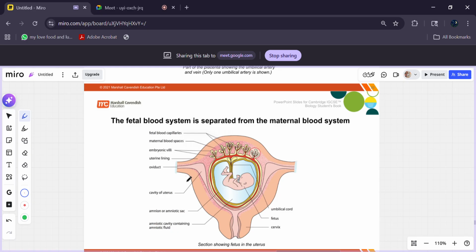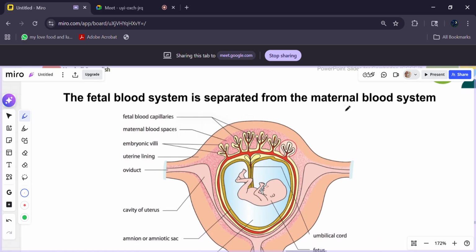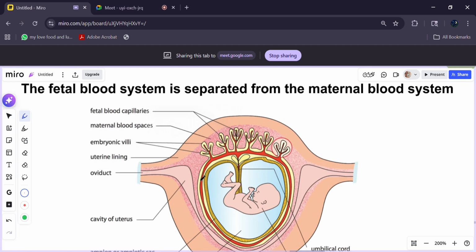Now here's the fetal blood system. The fetal blood system is separated from the maternal blood system. This diagram shows a section of the female uterus containing a fetus. The fetal blood capillaries are surrounded by maternal blood spaces, that is, blood spaces belonging to the mother.